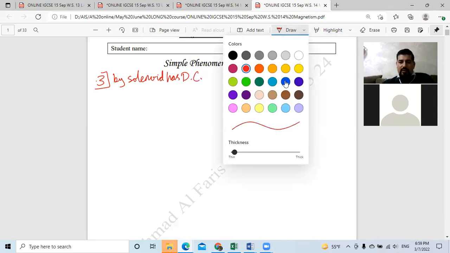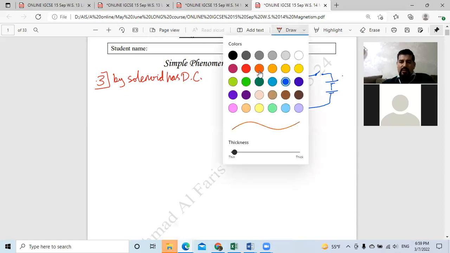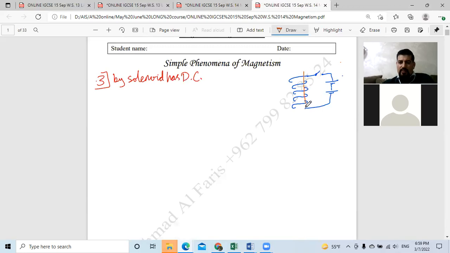So what do I have? I bring a copper wire and I make several turns around a piece of cardboard. And I have a switch with a battery. And I put inside this cardboard the core that I want. I can put steel or I can put iron inside.